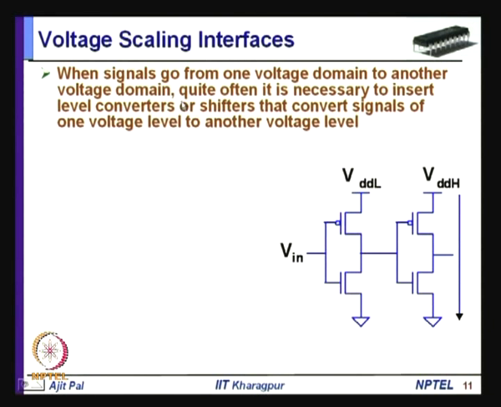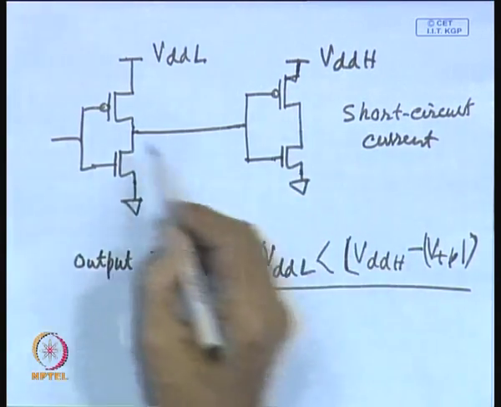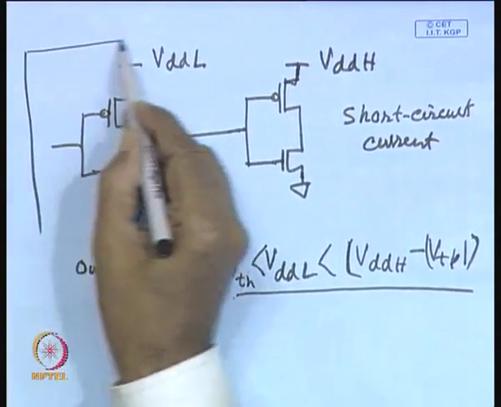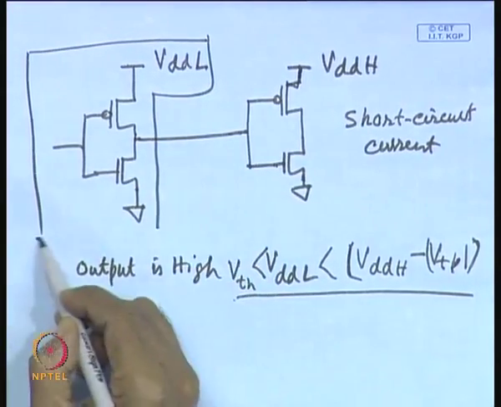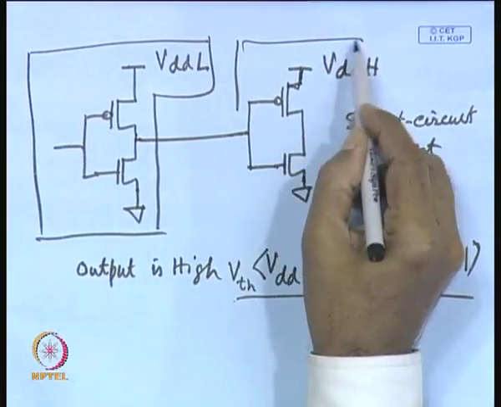So, how can this problem be solved? Quite often it is necessary to insert level converters or shifters that convert signals of one voltage level to another voltage level. So, you have to insert one in between the low voltage domain and the high voltage domain. Let us assume this is the low voltage domain and this is the high voltage domain.